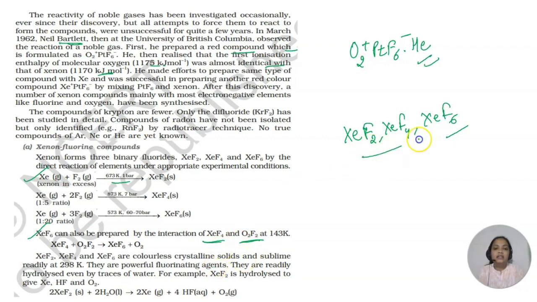These are colorless crystalline solids and they sublime at 298 Kelvin and they are powerful fluorinating agents. Fluorinating agent means when we have to add fluorine to any compound. They are hydrolyzed even by traces of water, like XeF2 hydrolyzes to give xenon, HF and oxygen gas.